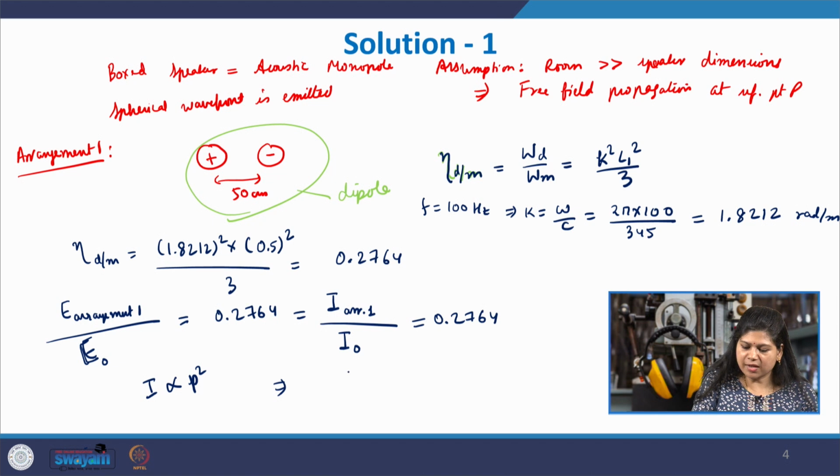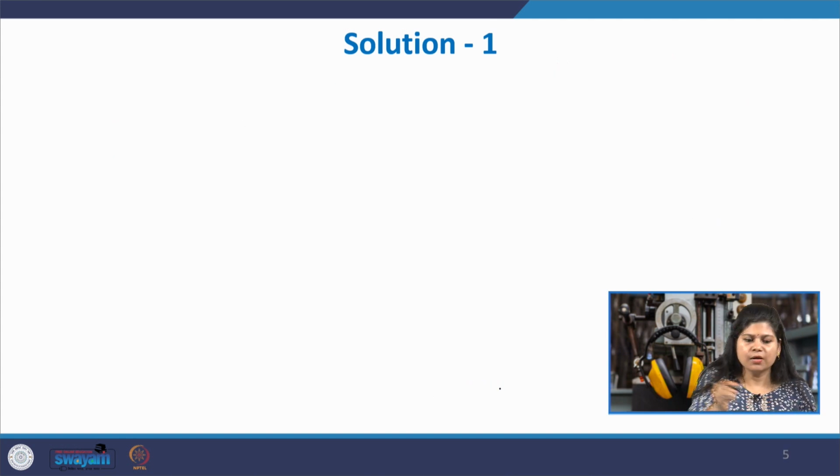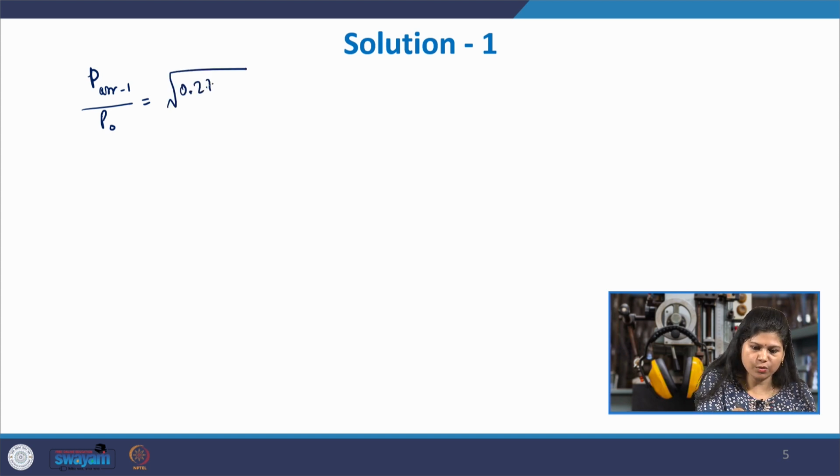So, this means that p squared of arrangement 1 by p squared naught is this quantity here. So, the acoustic pressure due to arrangement 1 should be the square root of this ratio of intensity or energy, which comes out to be this thing here.